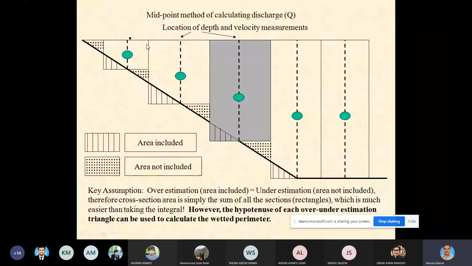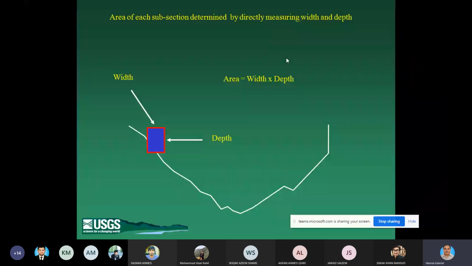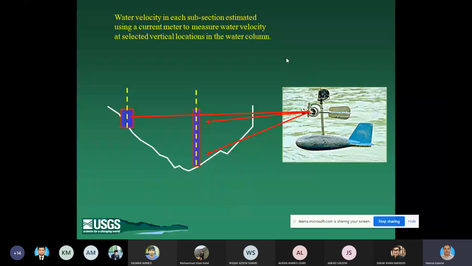So this has been illustrated here. Area is width into depth, and you measure the velocity with the help of a current meter. So current meter, it is the flow current, the flowing of water.